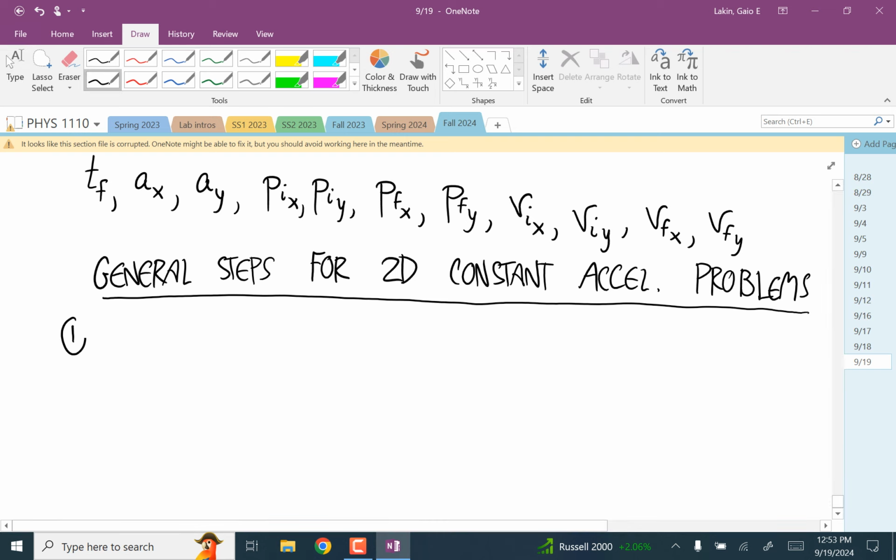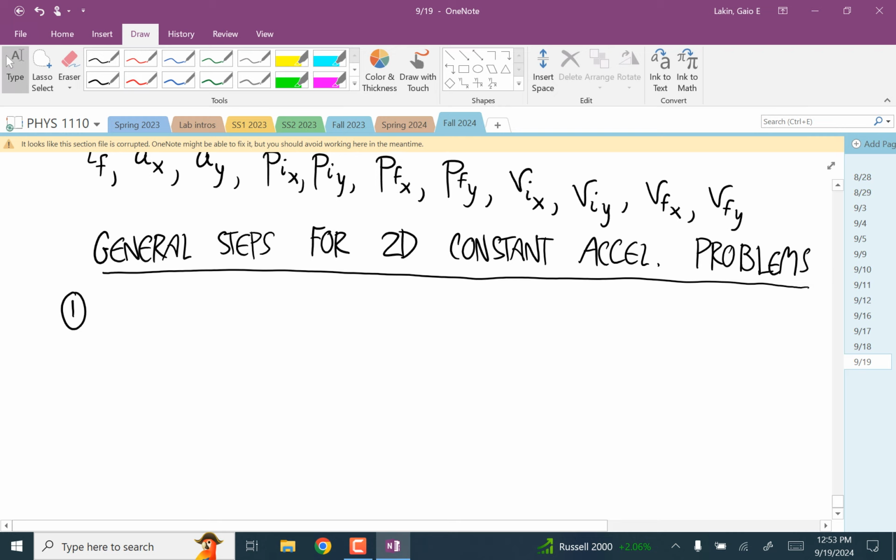What's the first step that I mention in doing 1D constant acceleration problems? Yeah, place the stickers and the stopwatch. And we're going to do the same thing here.